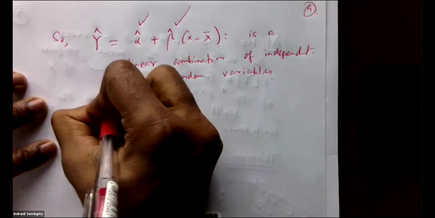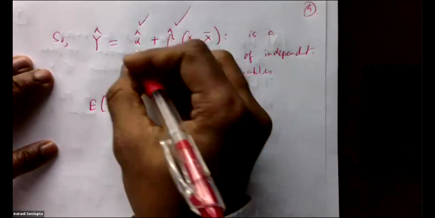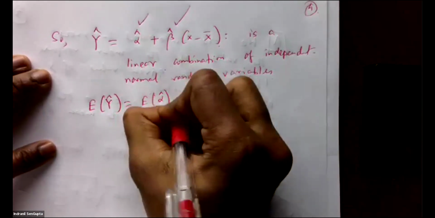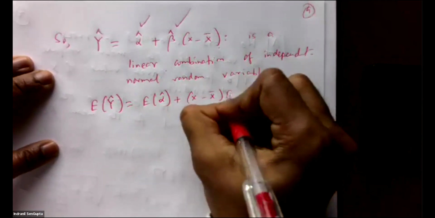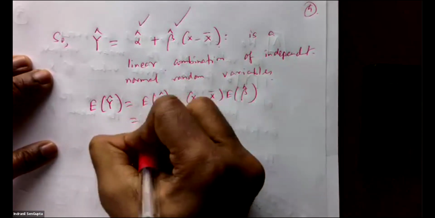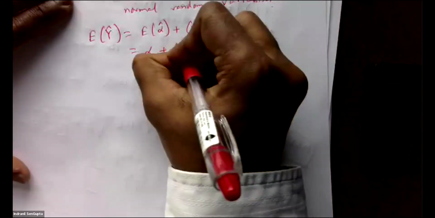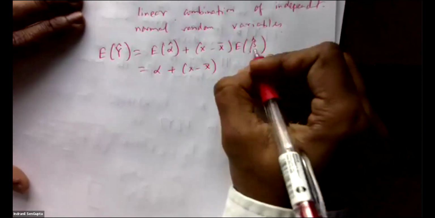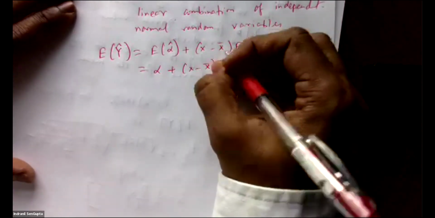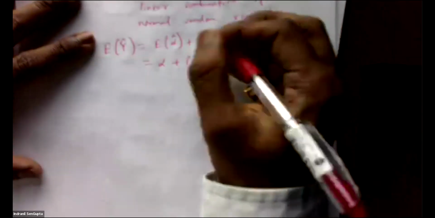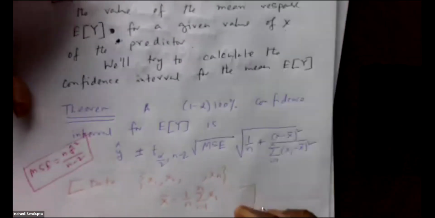E of y hat is basically the sum: E of alpha hat plus x minus x bar times E of beta hat. This is alpha, because we have seen that alpha hat follows a normal distribution with mean alpha. So this is alpha plus x minus x bar times E of beta hat, and we have seen that this is beta. Beta hat follows a normal with mean beta. Now, isn't this the same as E of y?